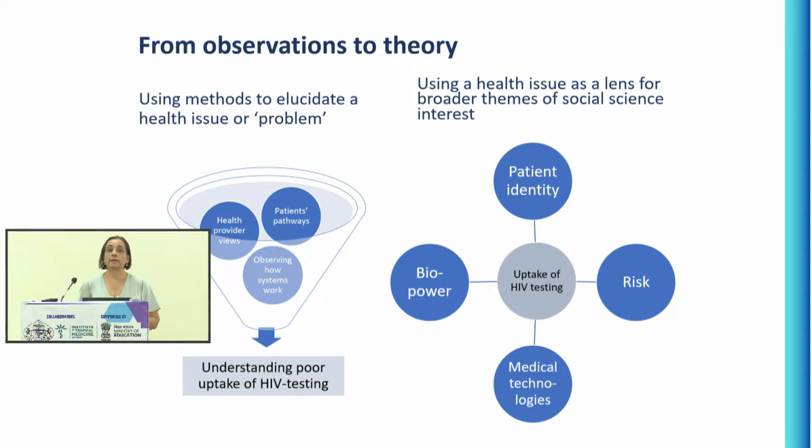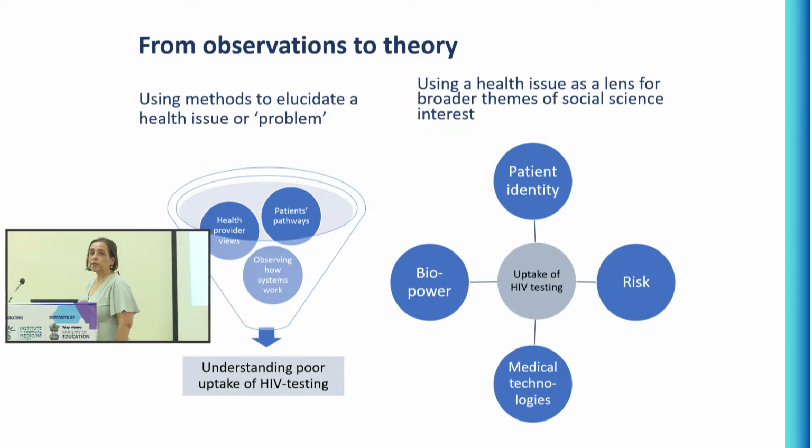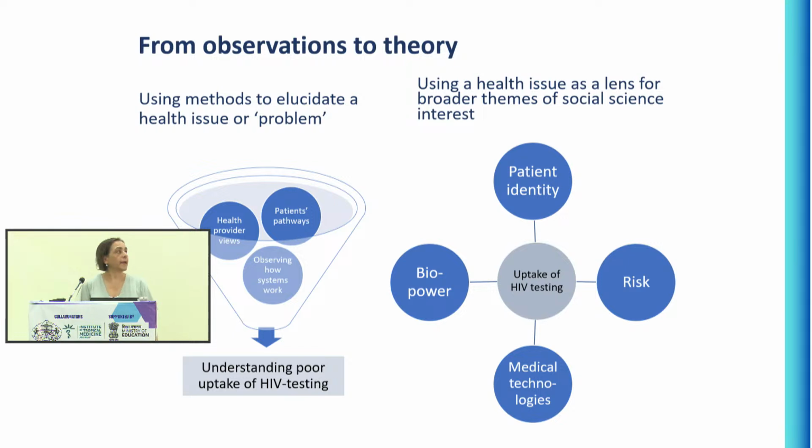We want to understand why people are reluctant to go for HIV testing, or when do people go, when do they not go? So we've got perspectives from them. We're collecting health provider views because we want to see whether the dynamic between providers and individuals makes a difference. And we're looking at how the systems work.